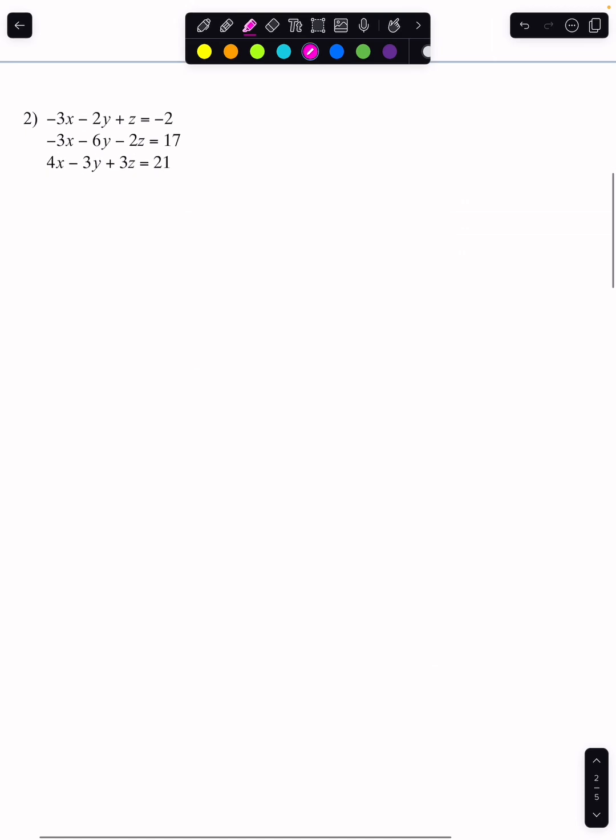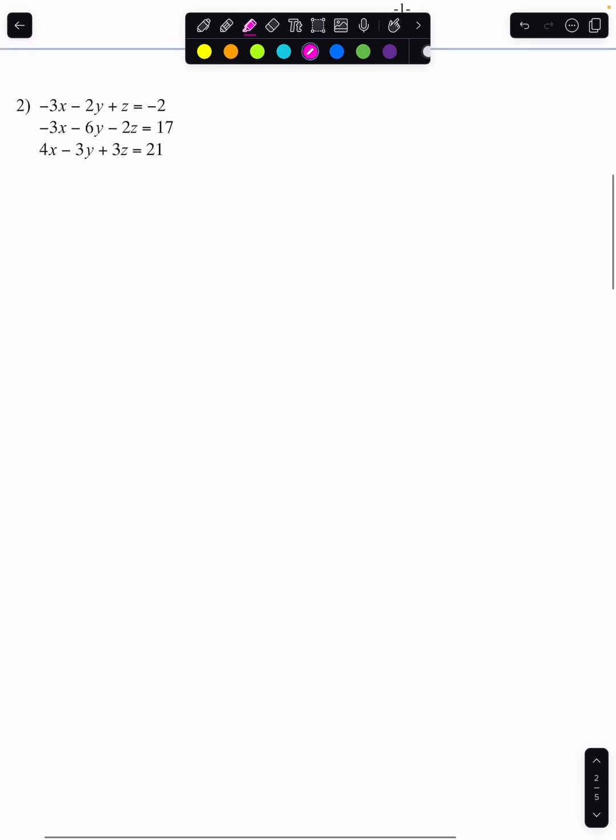Again, I always start by labeling which line is which. I'm going to label this A. This line is going to be B. This line is going to be C. And since on that last equation, I went ahead and eliminated y, I think on this one I'm going to go ahead and eliminate z.